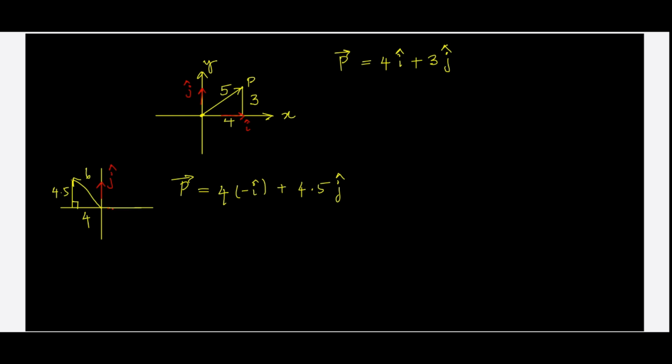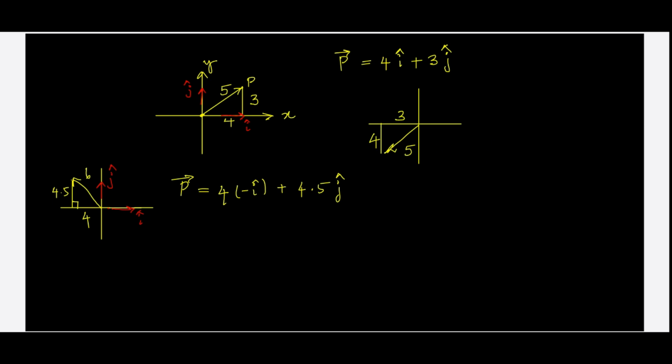Your i is this and your j is that. Okay. So now, just similarly, if your vector is in the third quadrant, let's say this is 5 units, and 4 and 3.